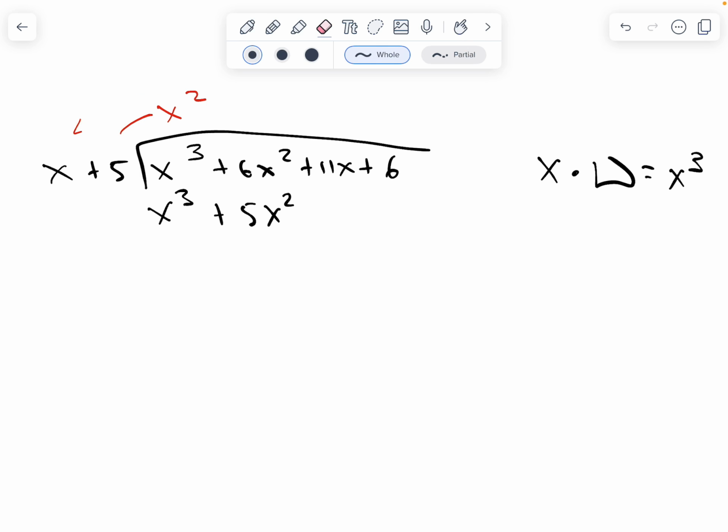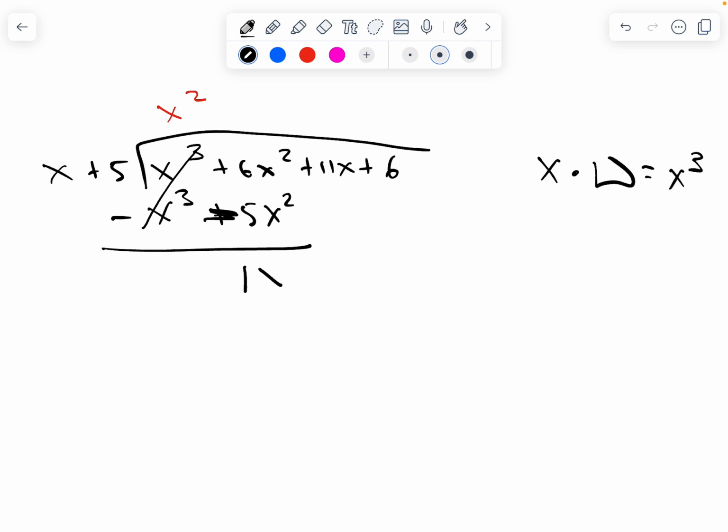Now we're going to go through and we're going to subtract these guys. When we subtract them, minus, minus, that cancels. 6x squared minus 5x squared is going to give you 1x squared. We're going to bring down the 11x. Now we're saying x squared times what is going to give you x squared? And the answer to that is just a single x.